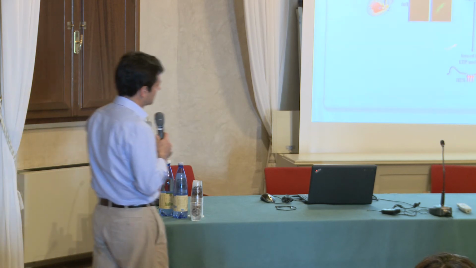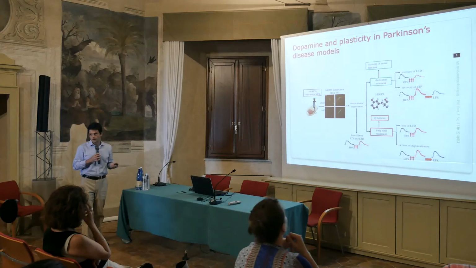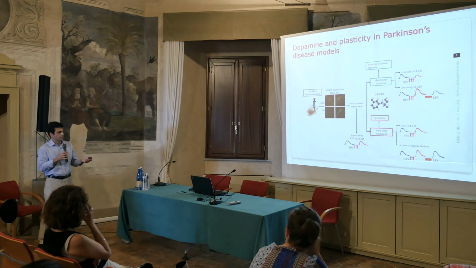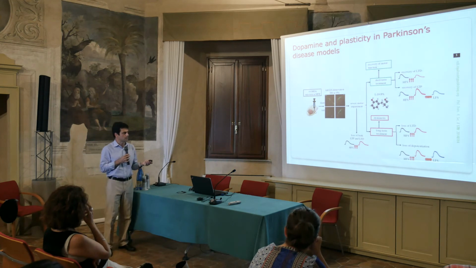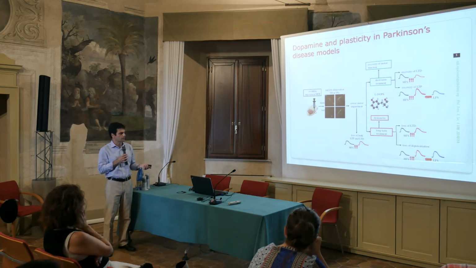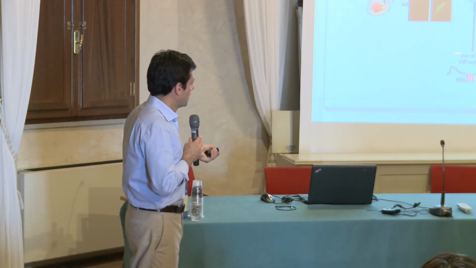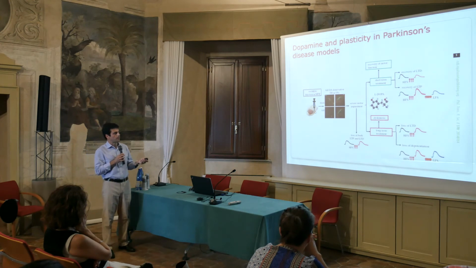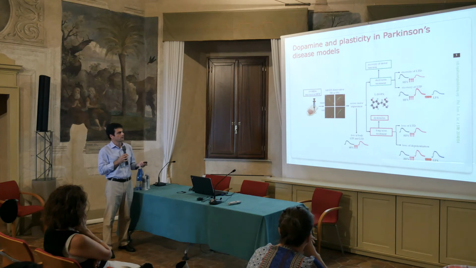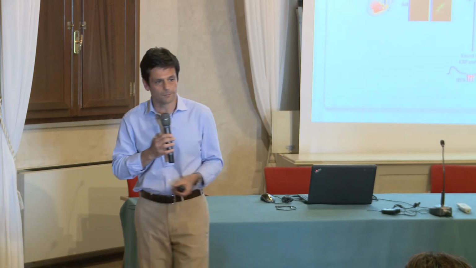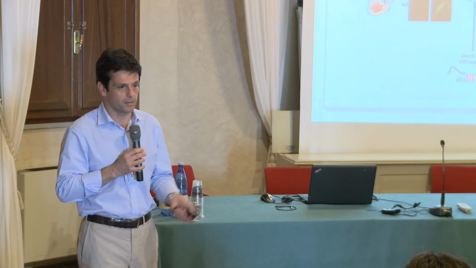So what happens is that you lose TH staining in the substantia nigra, so you lose nigral neurons, and then you have a number of consequences. There is a severe motor impairment with the loss of bidirectional plasticity. So you lose both LTP and LTD. And then you give back levodopa to these patients, and in the short term, you have a recovery of motor function, recovery of plasticity. But in the long term, you can get dyskinesia. And so dyskinesia is also coupled to some aberrant plasticity.